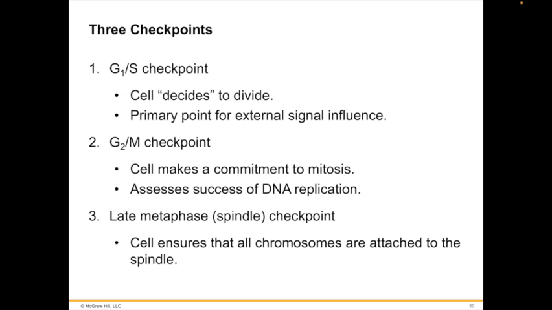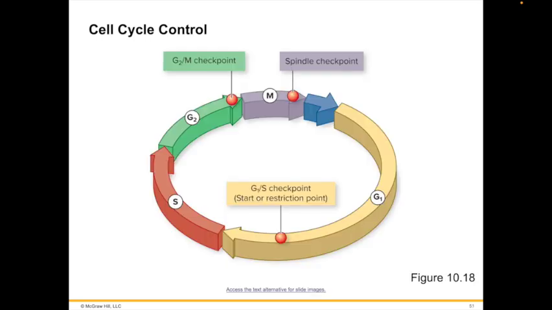Passage through this checkpoint represents the commitment to mitosis. This checkpoint assesses the success of DNA replication and can stall the cell cycle if DNA has not been accurately replicated. DNA damaging agents result in arrest at this checkpoint as well as at the G1/S checkpoint. This is G2/M shown in green.